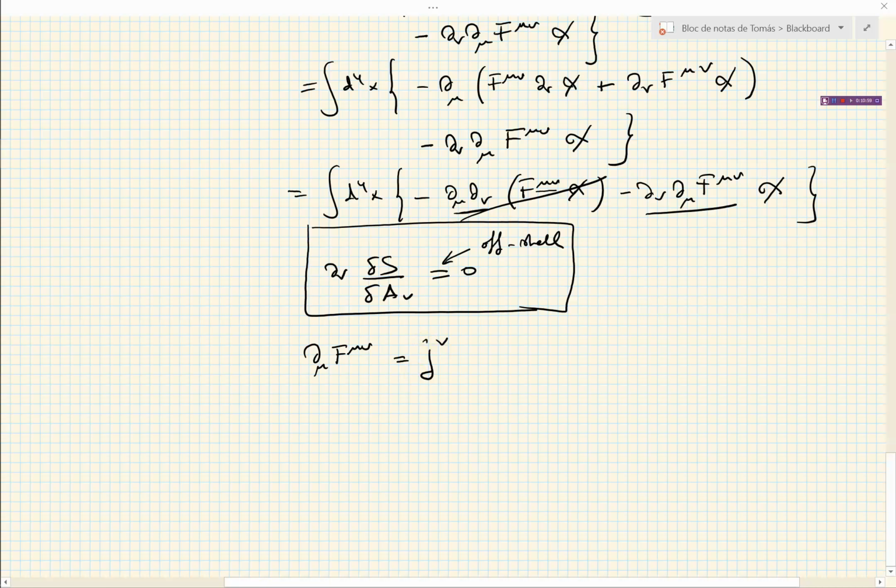We know that this would be the Maxwell equations. We will find this later on. But if we take the divergence of these two sides, this is 0, and this implies that for consistency this has to be 0. But we know that this is a conservation law.